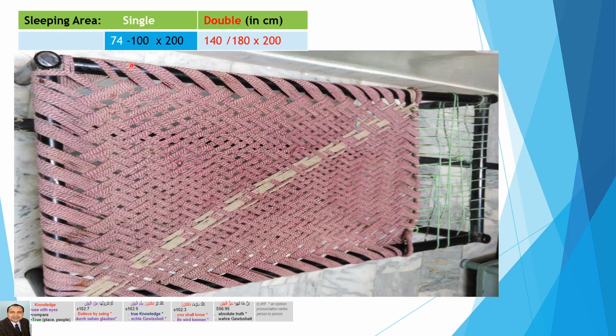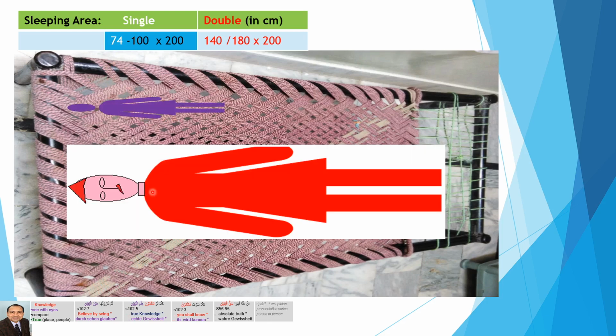Sleeping area, cot: a child needs approximately 74 centimeter. An adult needs 100 multiplied by 200 centimeter.